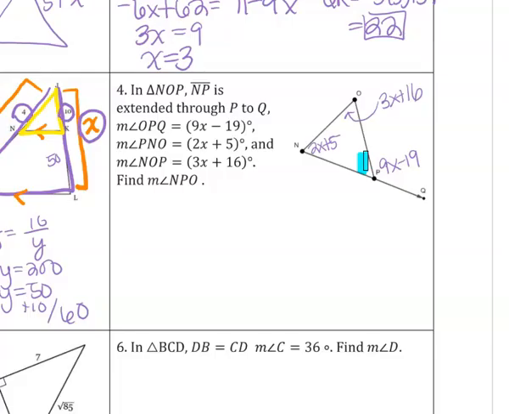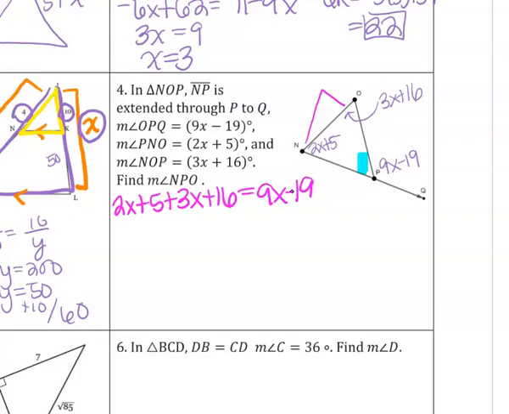All right, so what I'm going to have to do is find x first before I can even get to that missing angle. So if this is an exterior angle, I know it's equal to the sum of the remote interior angles, or non-adjacent interior angles. So I can do 2x plus 5 plus 3x plus 16 equals 9x minus 19.